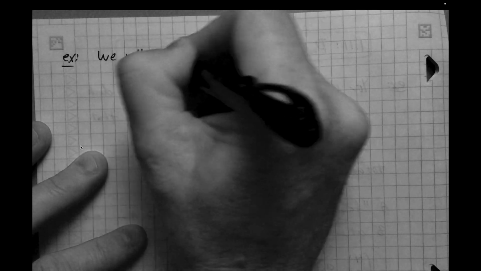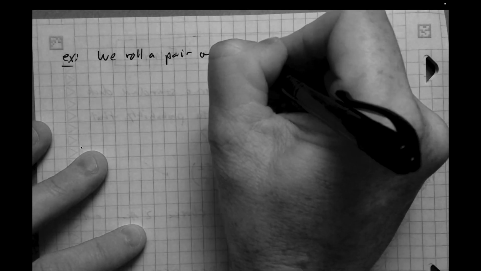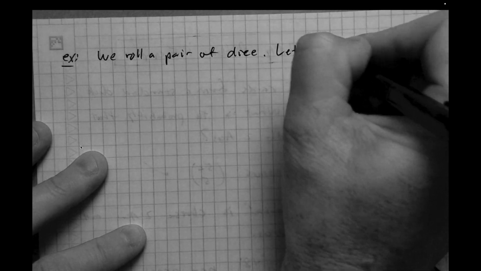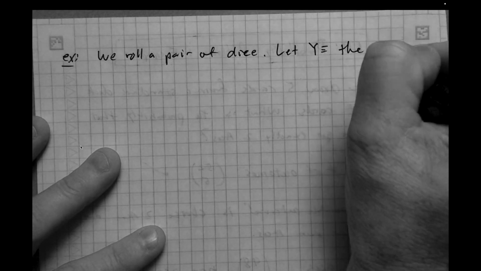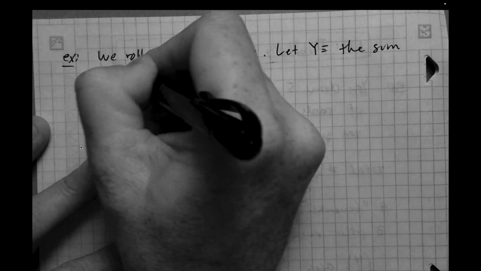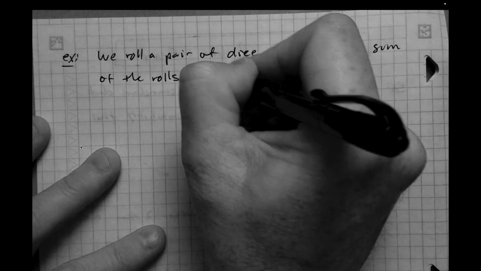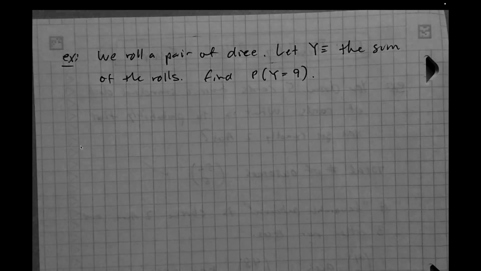So this is real similar to the problem we did in the last section. We roll a pair of dice, plural, and we let y be the random variable, the sum of the rolls. Find the probability that y is equal to 9.